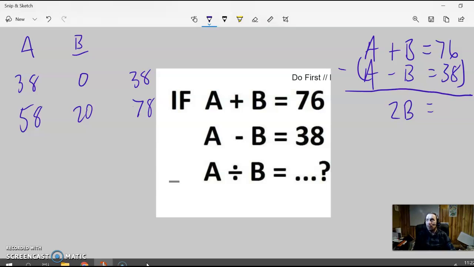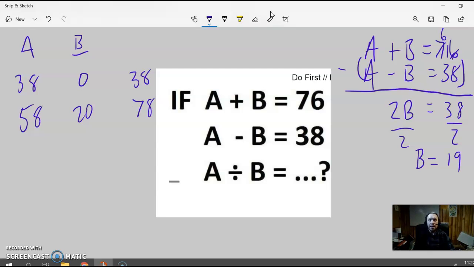Well, I'm going to subtract, so I need to borrow: 16 minus 8 is 8, and 6 minus 3 is 3, so that's 38. Oh, cool. Okay, so that's half of it. Maybe that helps us.